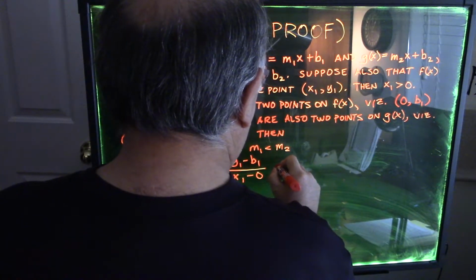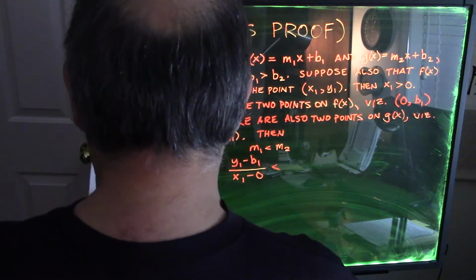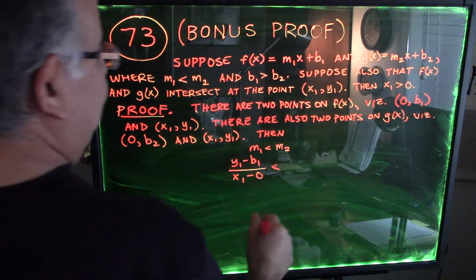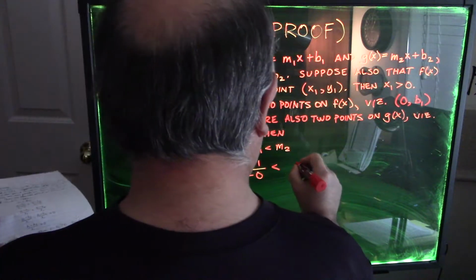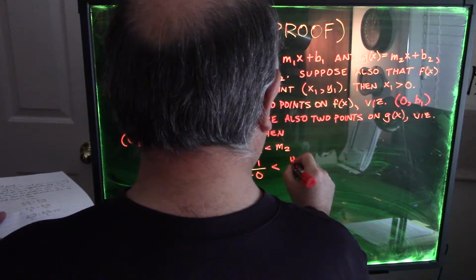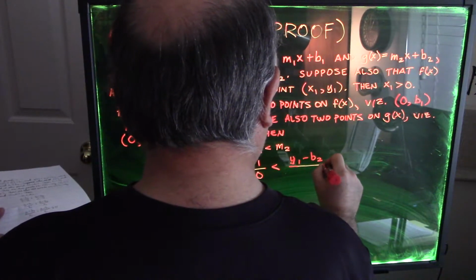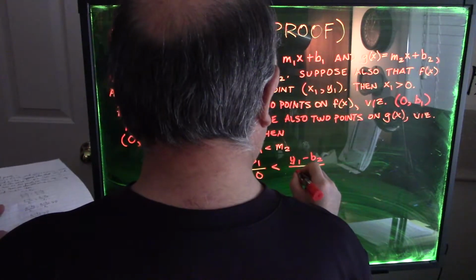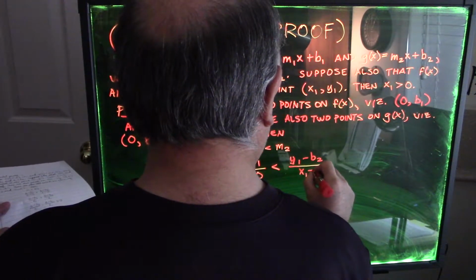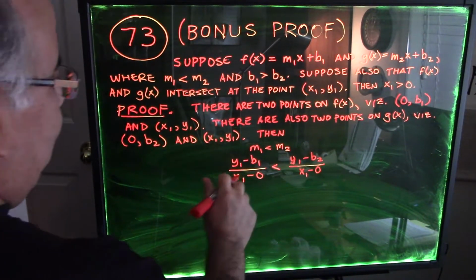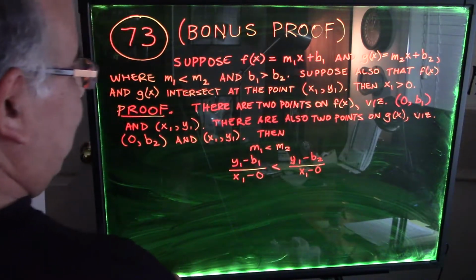And we're saying that's less than the slope m2, which we can write using these 2 points. All right, so that's y1 minus b2 over x1 minus 0. All right. So we know so far everything is true.